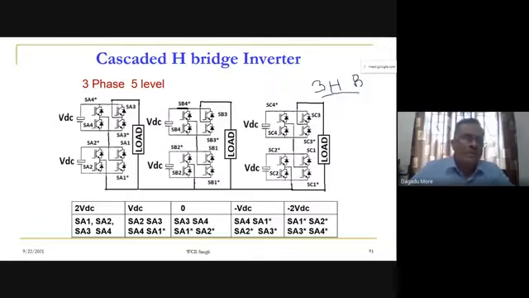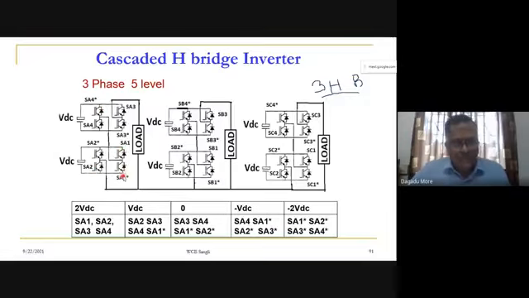Here the first bridge will give 3 levels, and the next consecutive bridges will give only 2 levels each. So this is 3 plus 2, 5. If you add another bridge, again 2 levels more. If you are having 4 bridges in cascade, then we get a 9 level. If 3 bridges in cascade, we get a 7 level. If 2 bridges in cascade, we get a 5 level.